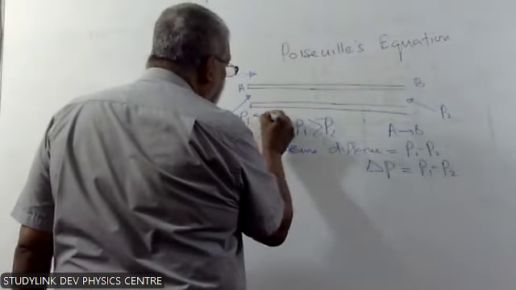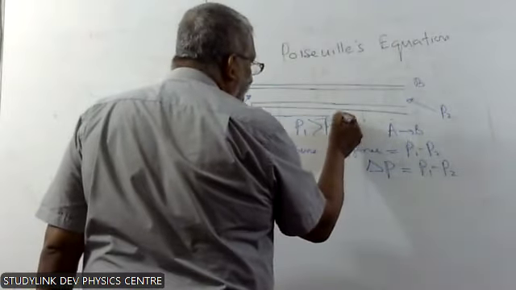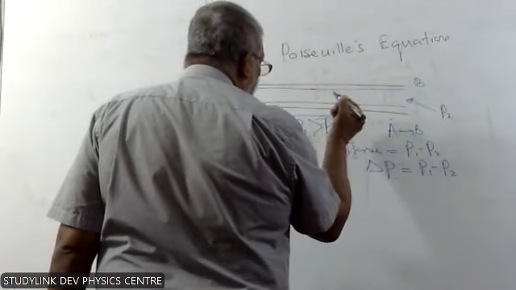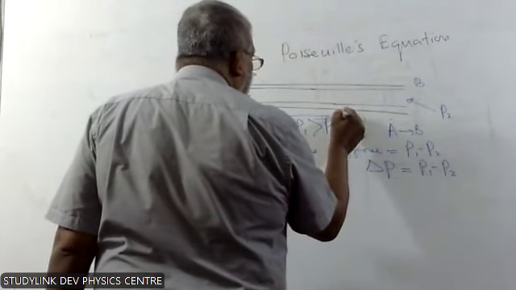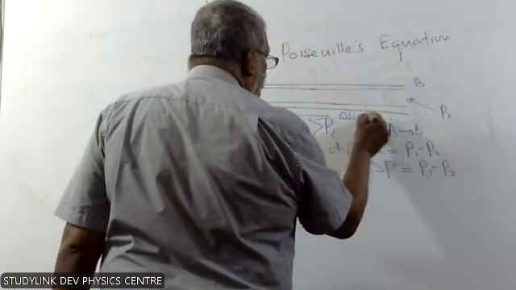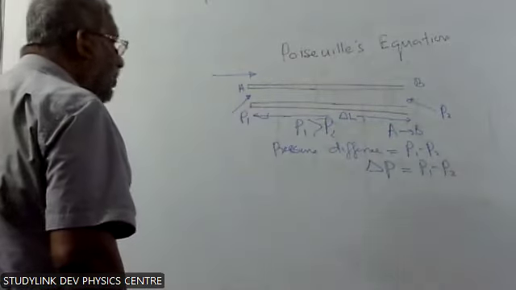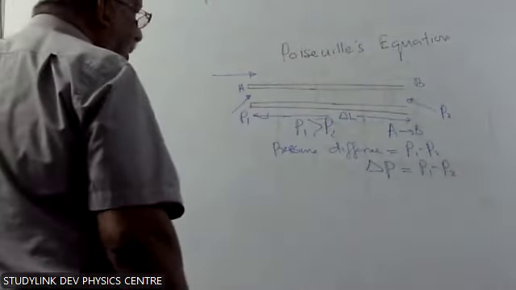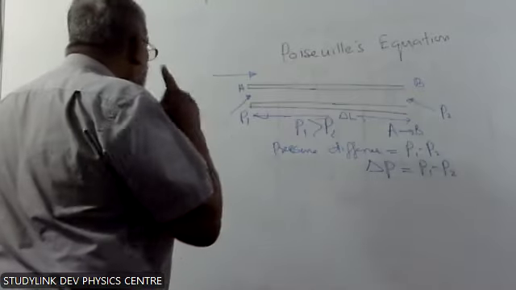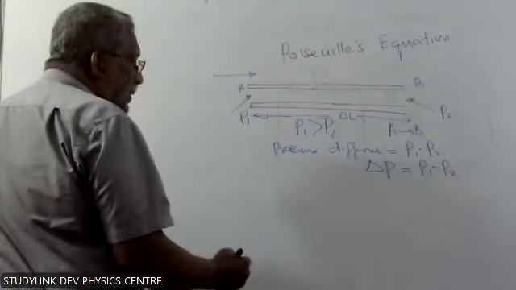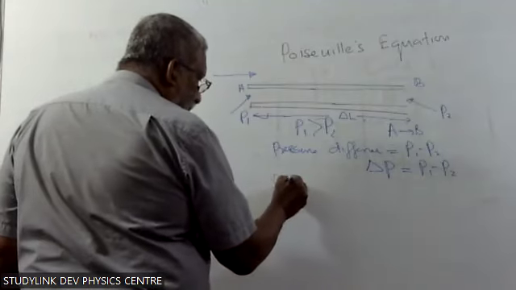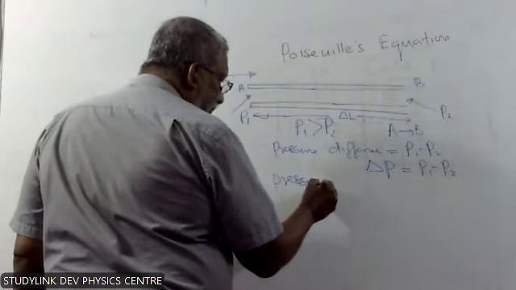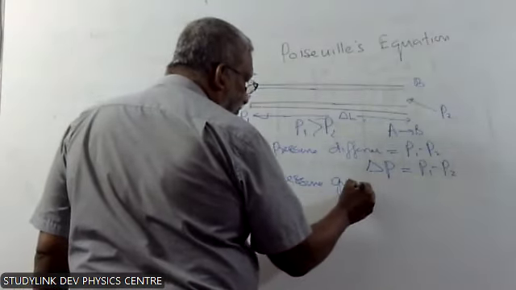The length of the tube is considered as L, or we can say delta L if you want. Then we are defining another physical quantity that is called pressure gradient.